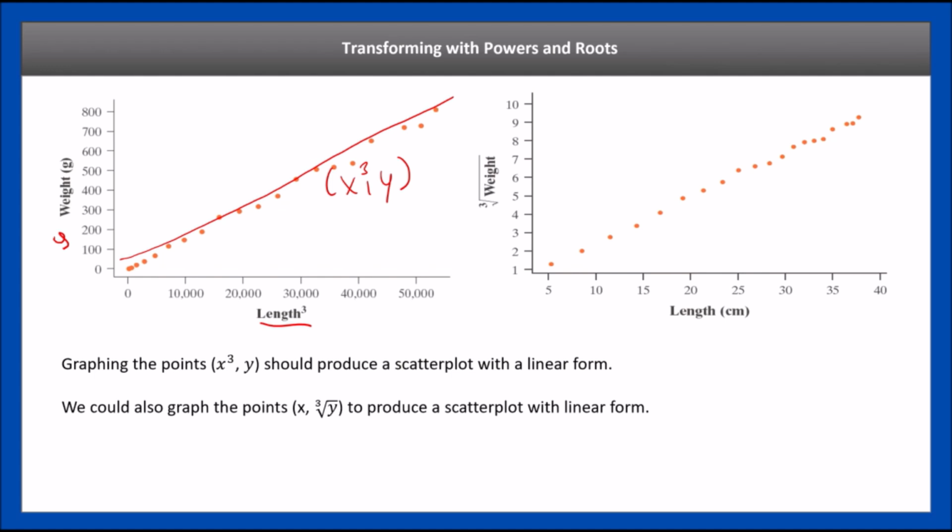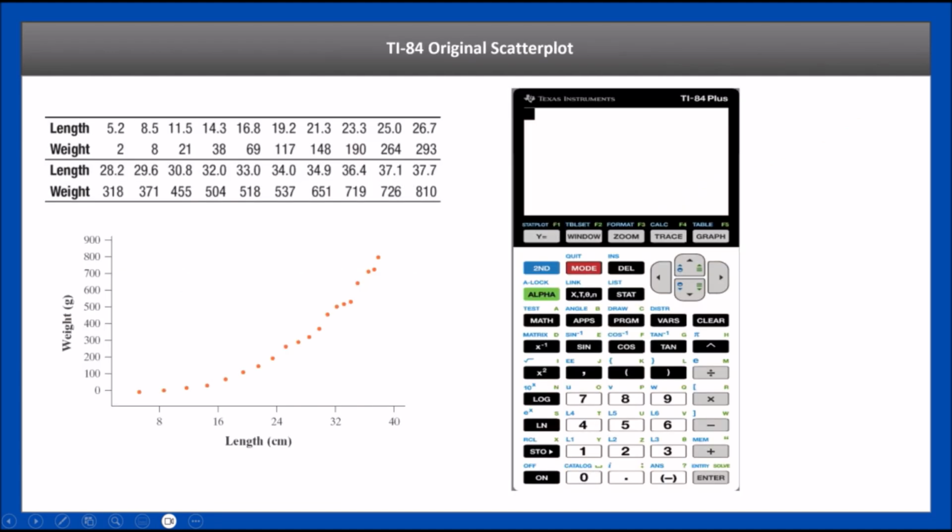But here is how it looks if we take the cube root of the weight versus the length. Notice the linear nature. It still has the same linear form. However, the y-intercept and the slope are different. You can see that from the scale. Definitely things have changed here, but we see a linear form.